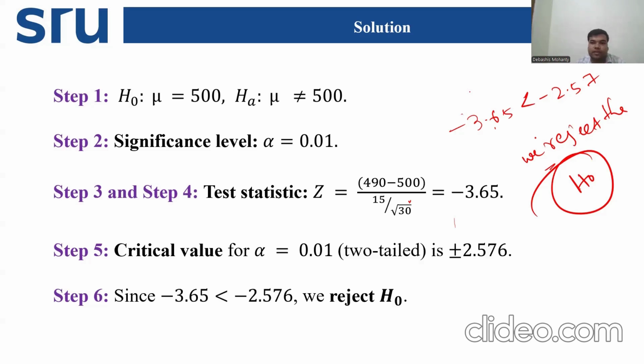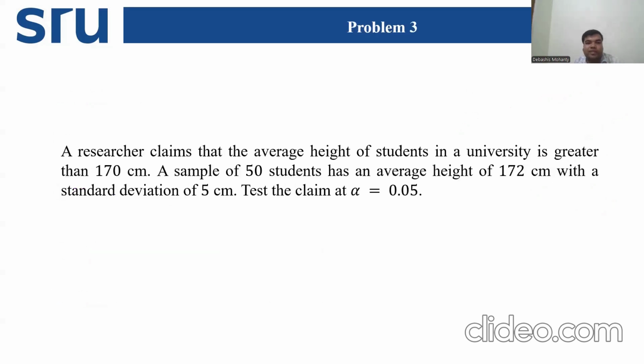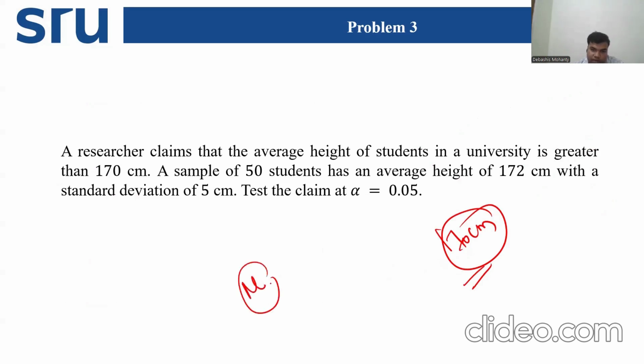Okay. So next, coming to the next problem: a researcher claims that the average height of students in a university is greater than 170 centimeters. It's always greater than 170 centimeters. So students, this mu value is 170, right?